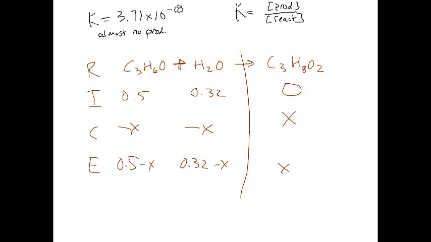Except now, instead of it equaling 75.5, I have 3.71 times 10 to the minus 18th equals X over 0.5 minus X times 0.32 minus X. Okay, chemists, what do you think I'm going to ask you to do? Solve for X.